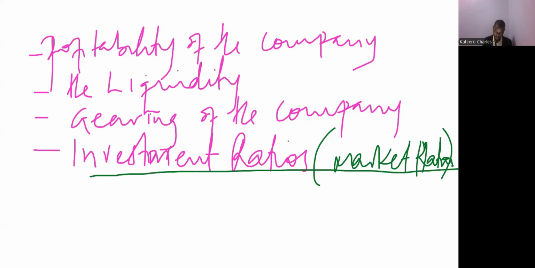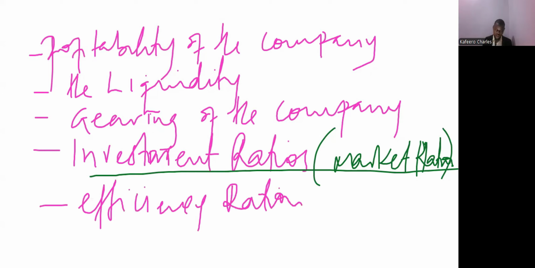But the last category that we have is what we call the efficiency ratios. And this looks at how efficiently we are managing our working capital. So this one is basically more on working capital management. And we know that on level 3, of course, we don't go so much into the aspects of working capital management.